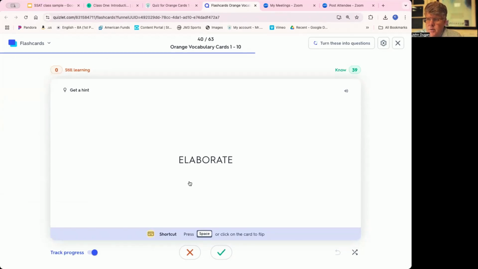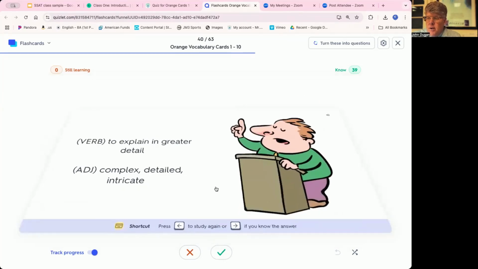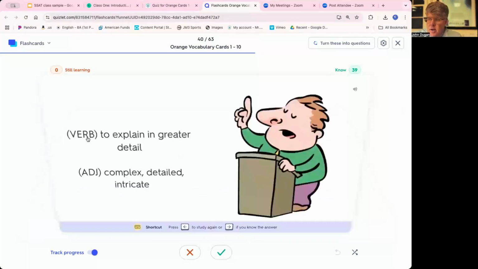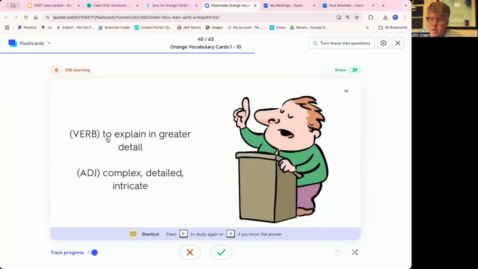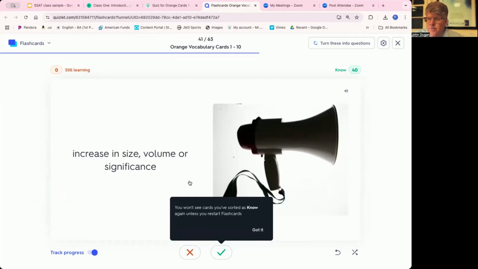You would study this word, elaborate, which could be pronounced 2 different ways. That's an elaborate plan, or as a verb, could you elaborate, right? As a verb, it means to explain in greater detail, but as an adjective, it means complex, detailed, intricate. And when you amplify something, you make it louder or bigger, right?